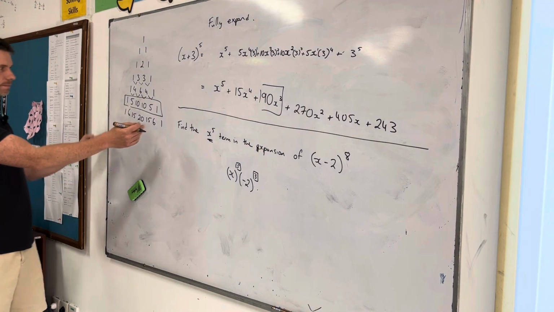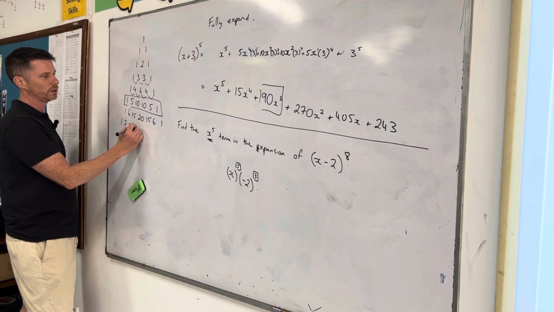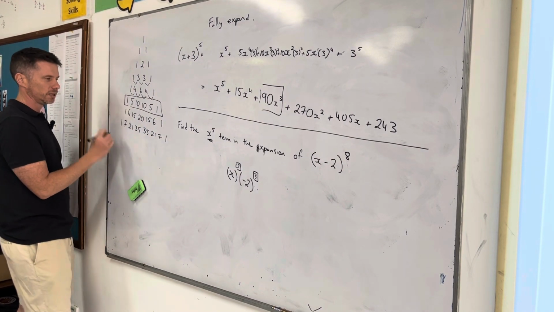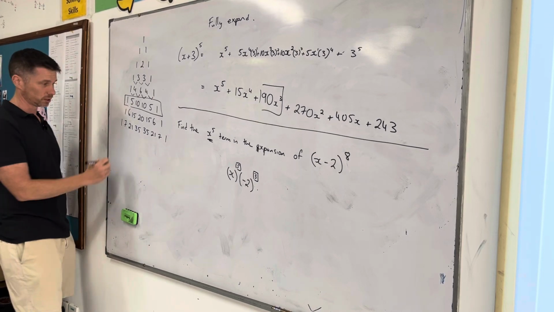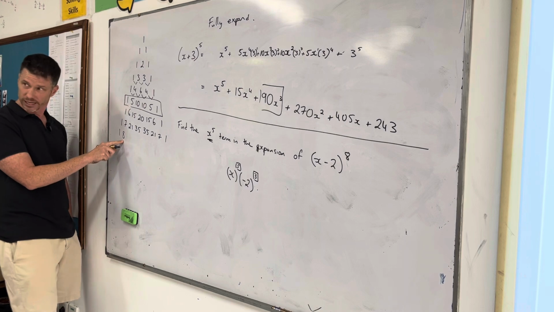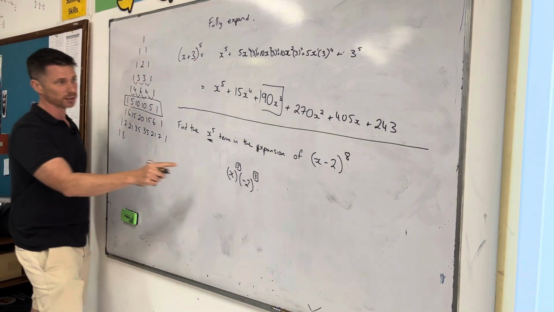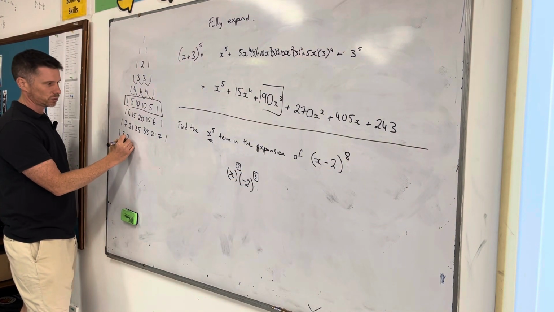Well, perhaps the triangle continuation will help. 21, 35, 35, 21, 7, 1. Is this the line I need? No. I need the next one, don't I? The one with 1, 8. Here's the hint, the 8 here. That's the way this goes: 2, 3, 4, 5, 6, 7, 8. 8 is here. So we have 1, 8, 28.